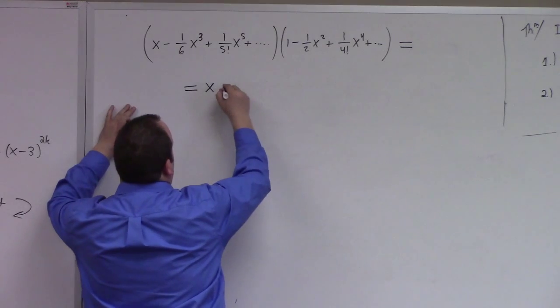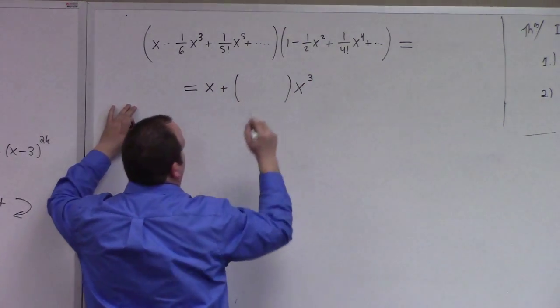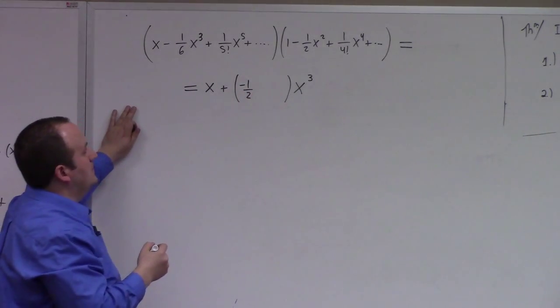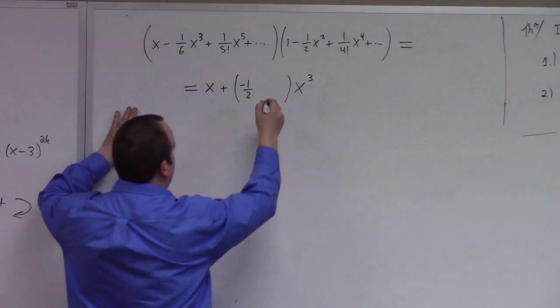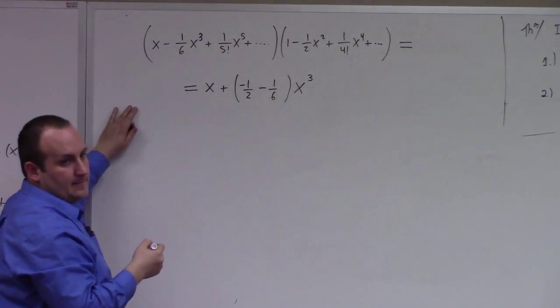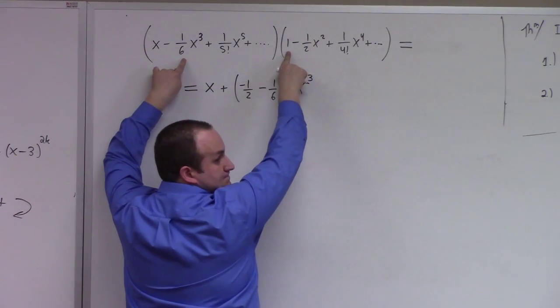But let's say plus, I'm going to put parentheses here, x cubed. I agree there's an x cubed. And I agree that minus 1/2 is part of it, but is that all that there is? Minus 1/6, very good. Is that it? Because it's either this times that or that times that, right?